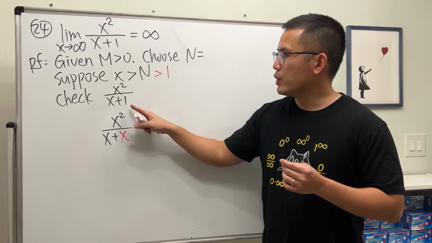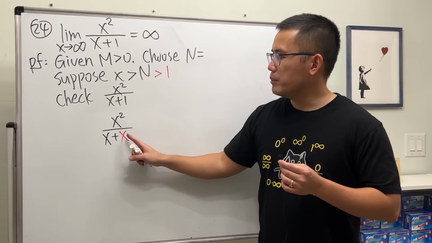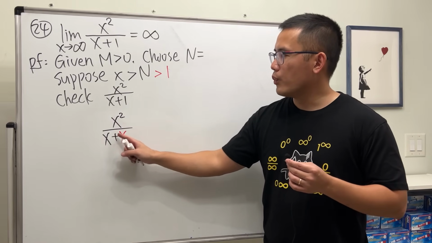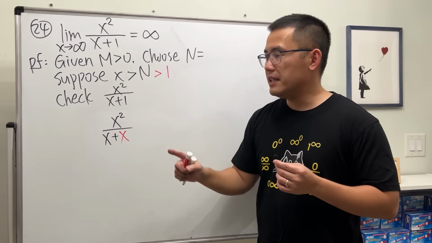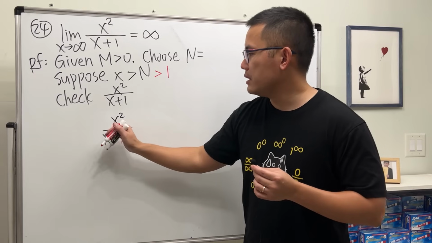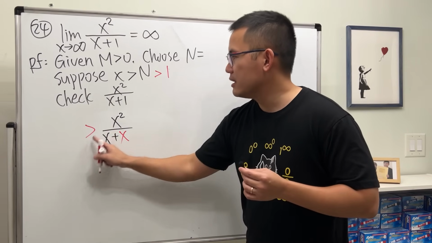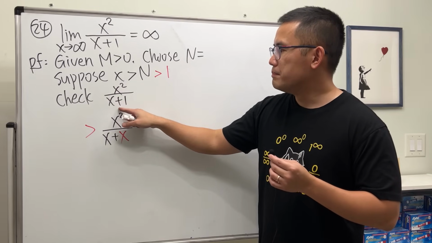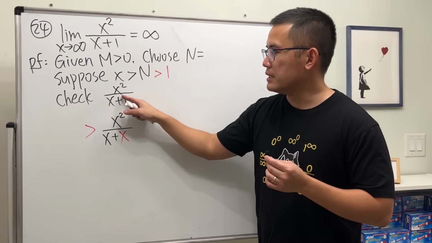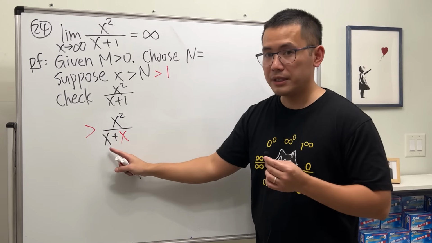x is greater than 1. That means this denominator will be bigger than this denominator, meaning that this fraction will be smaller than that. Let me just say it like this: x plus 1, this denominator is smaller than this denominator.